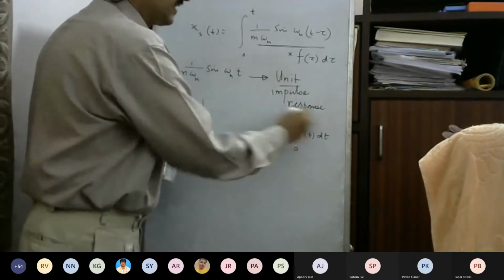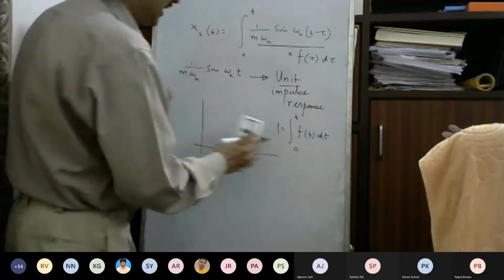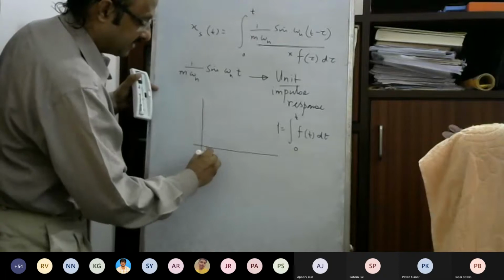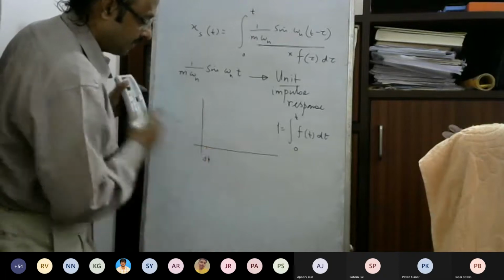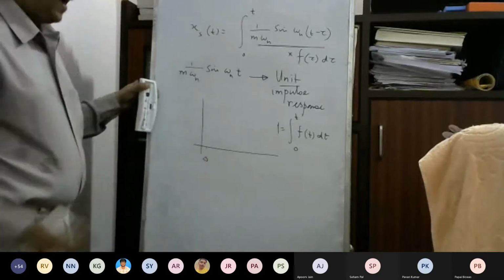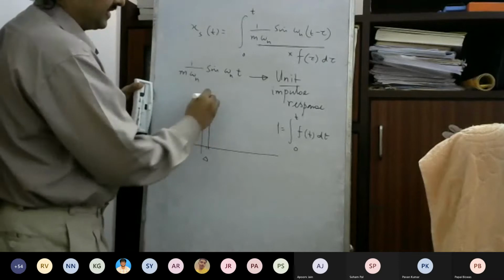Unit impulse means that this impulse must be unity. Now this impulse is actually given over a very small time. So let us say we give an impulse over this time delta.